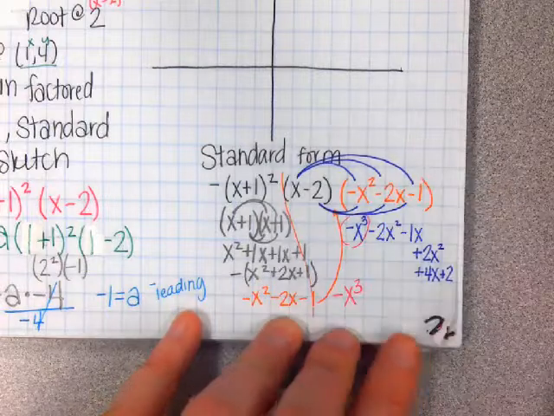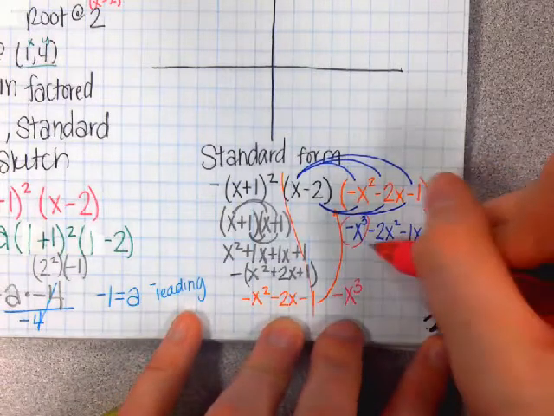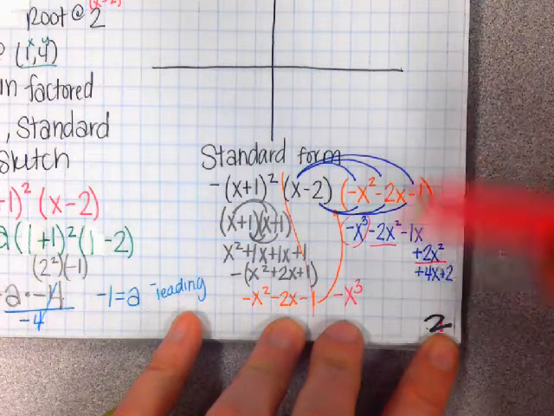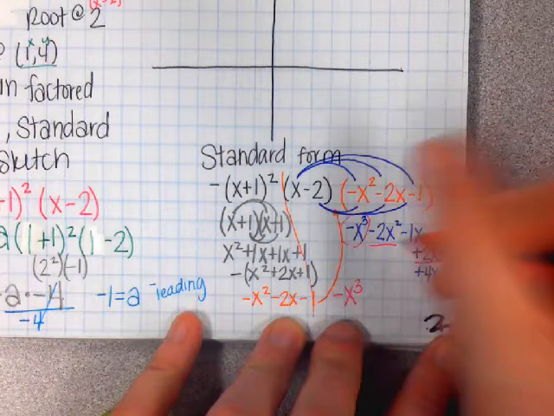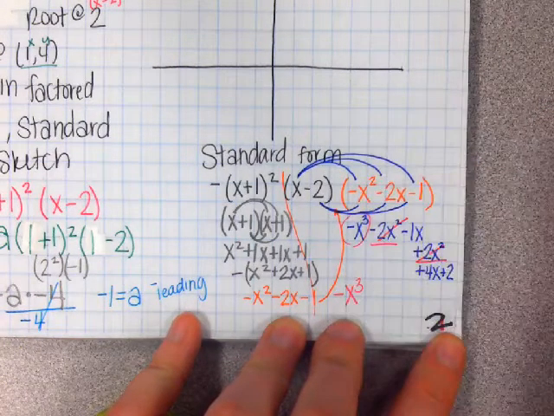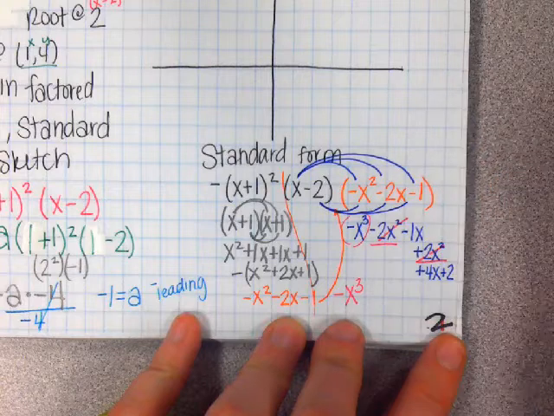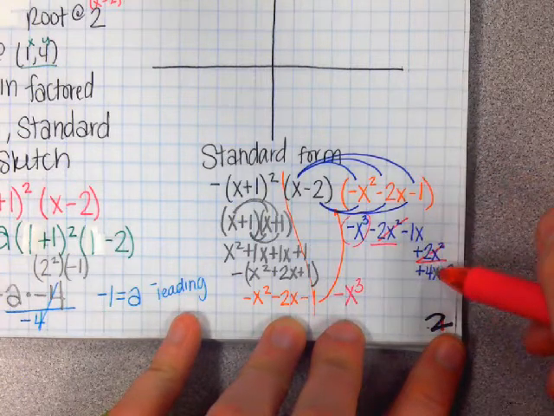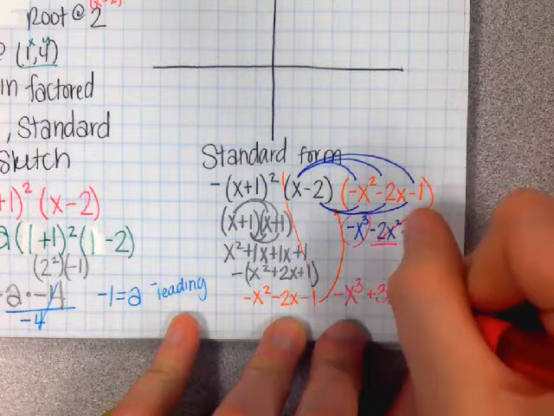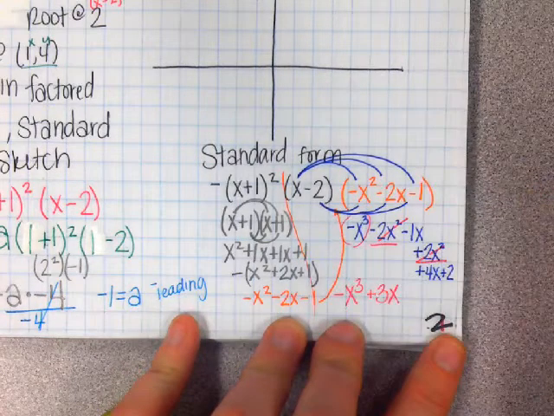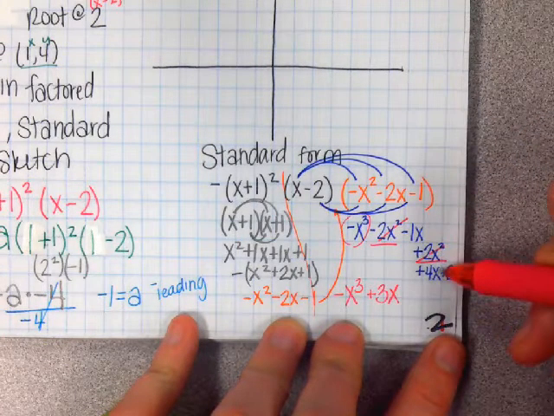Combine like terms. We only have one with an x cubed, so it would be negative x cubed. We have negative 2x squared plus 2x squared, that cancels. Negative 1x plus 4x, negative 1 plus 4 would be positive 3x.